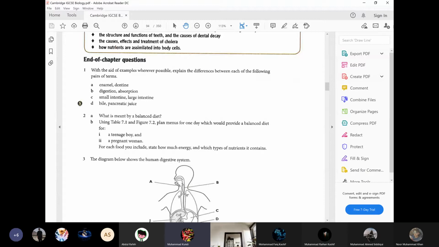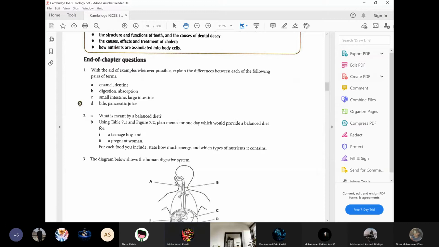Sir, it is the hardest material made in our body, and it is the outermost covering of the tooth. Dentine is the bony part of the tooth, present below the enamel. Got it? Yes, sir.